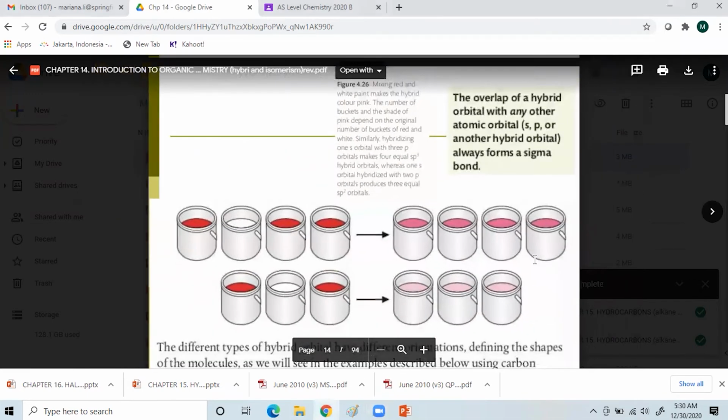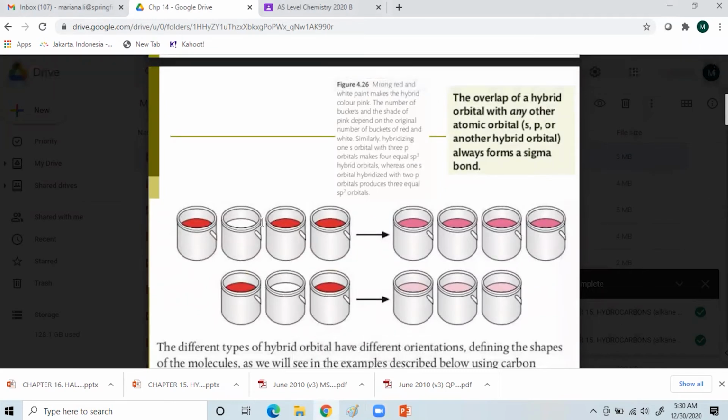You can see that hybridization is like mixing two colors, mixing red and white paint to make the hybrid color pink. This pink color has some properties of red and some properties of white, depending on the proportion.